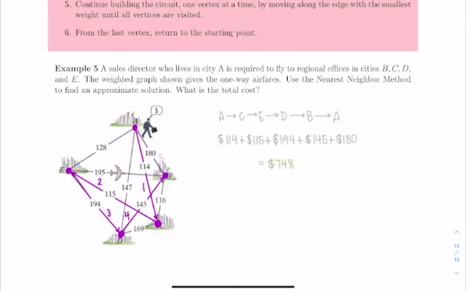And from B, then I go back to A, because all of my vertices have now been used.